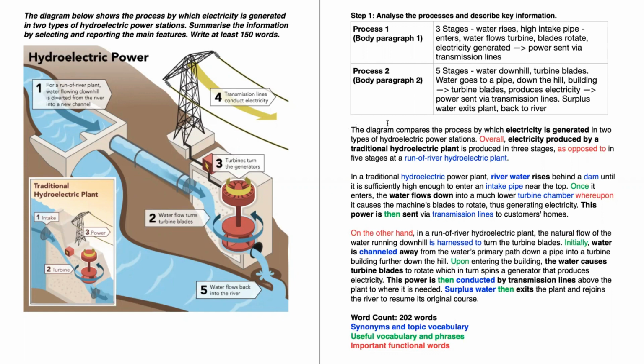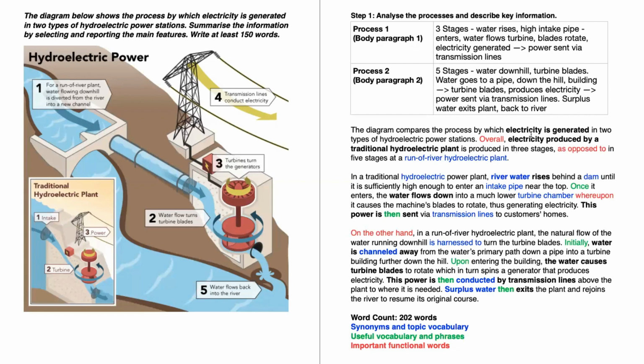We'll start here. The diagram compares the process by which electricity is generated in two types of hydroelectric power stations. Overall, electricity produced by a traditional hydroelectric plant is produced in 3 stages, as opposed to in 5 stages at a run-of-river hydroelectric plant. Now, I've emboldened the passive phrases, which again, we really have to pay attention to our passives here.